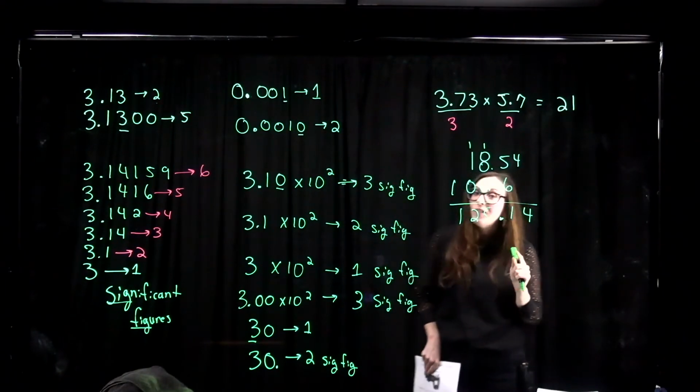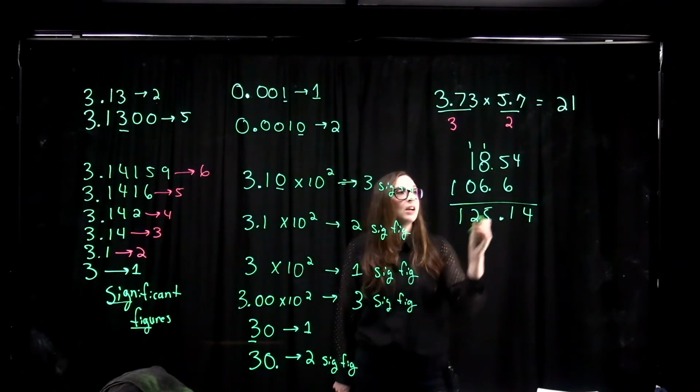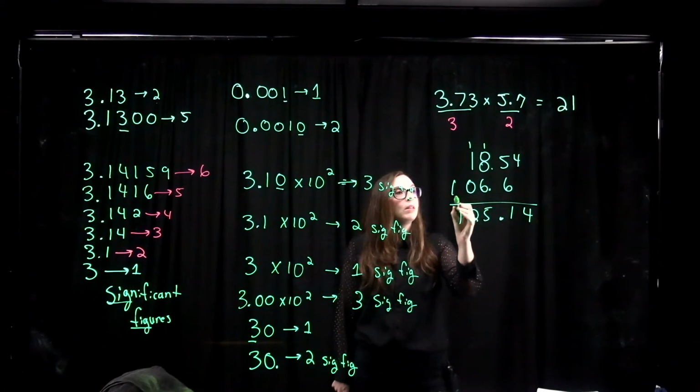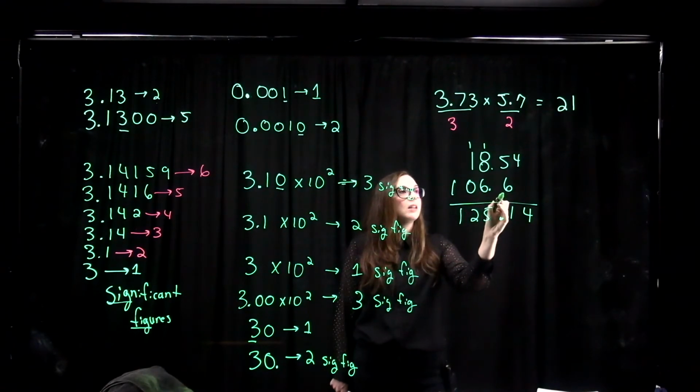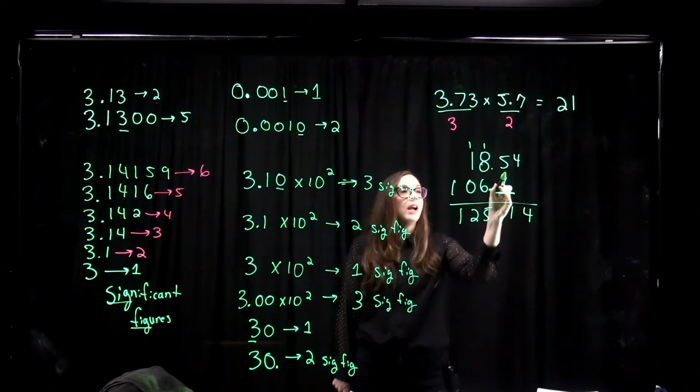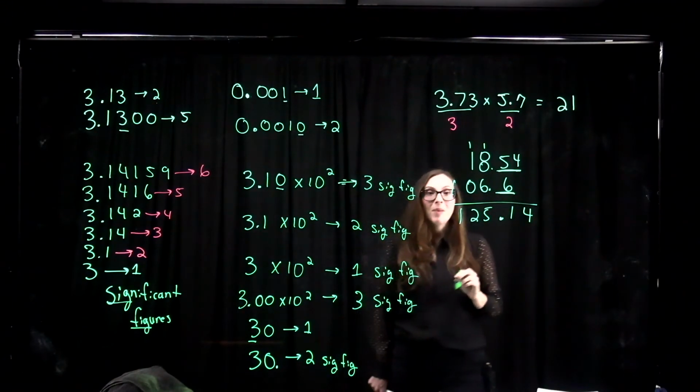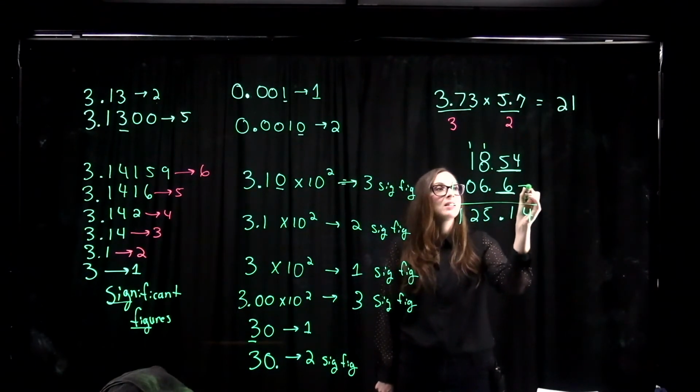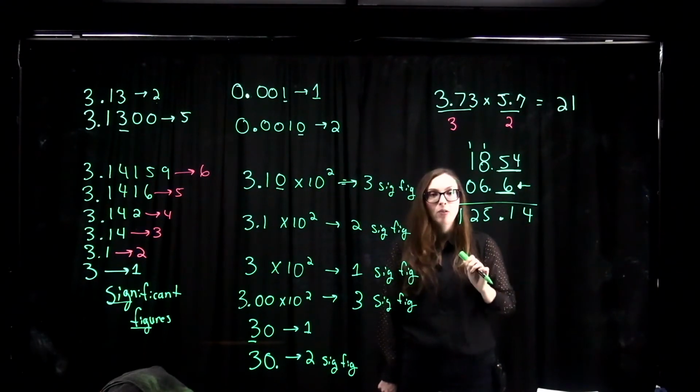125.14. But if I'm worrying about the significant figures here, I only know the 106.6 out to 1 decimal place. For the 18.54, I know the answer out to 2 decimal places, but my answer can only be as precise as the least precise number, which I only know out to 1 decimal place.